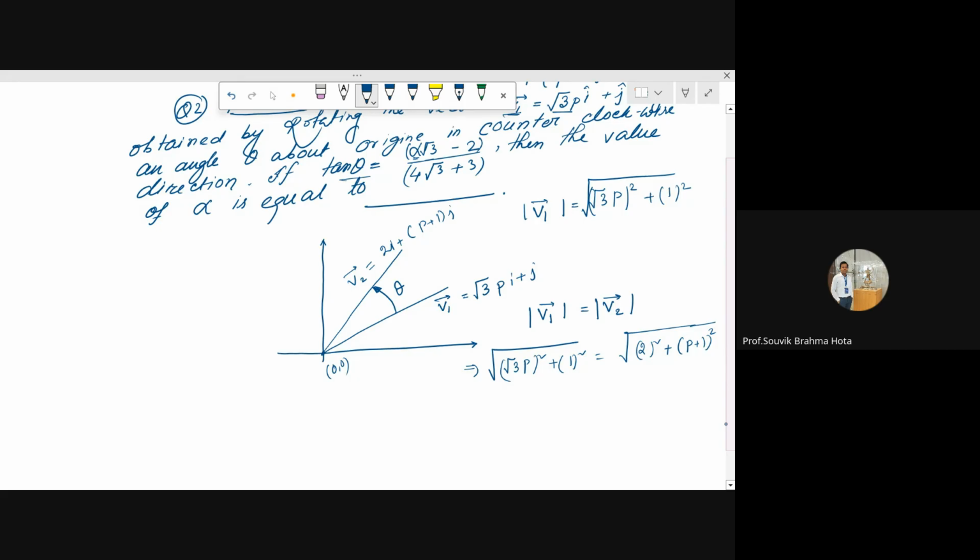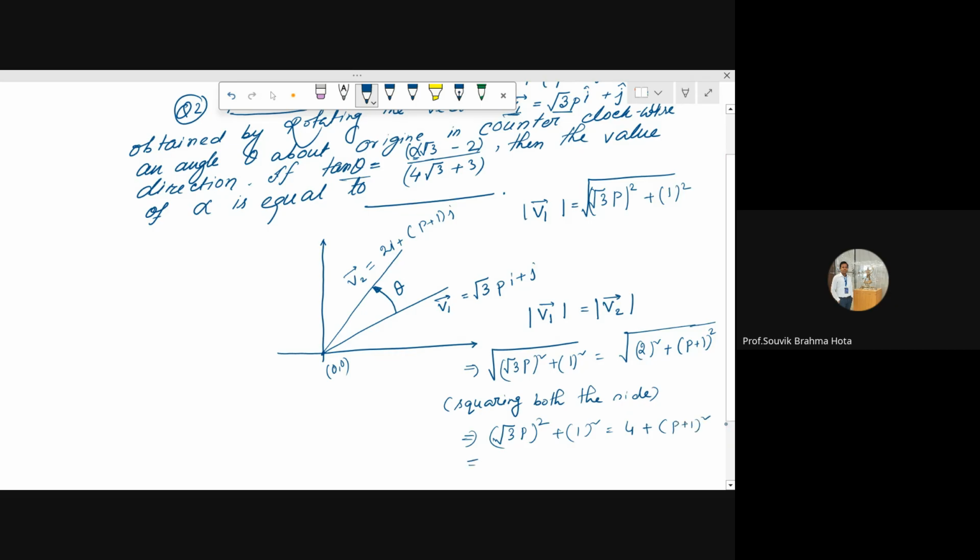So what can we do? We can square both sides to remove the square root. If you square this side, it will be (root 3 p) square plus 1 square, and this side is 2 square, means 4, plus (p plus 1) whole square.